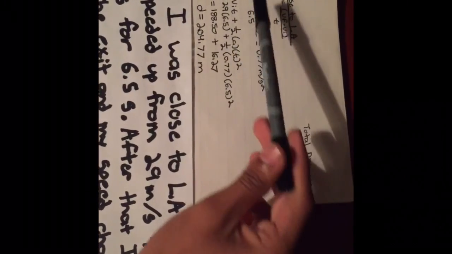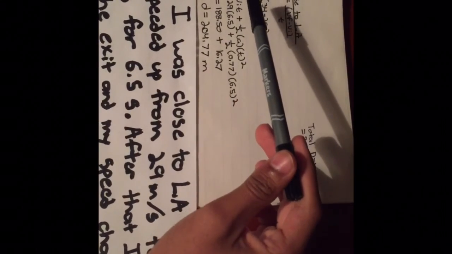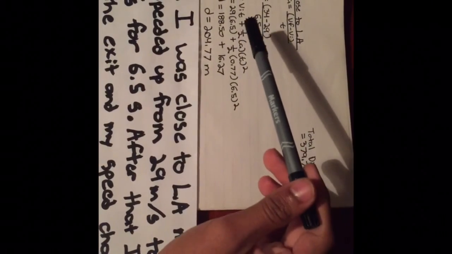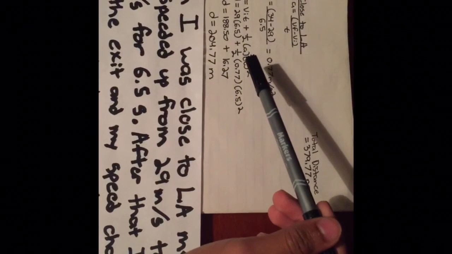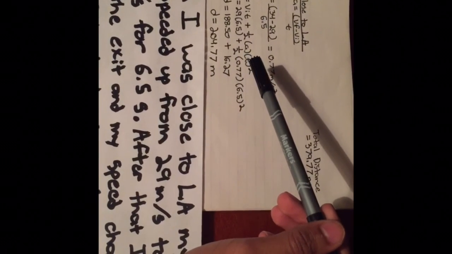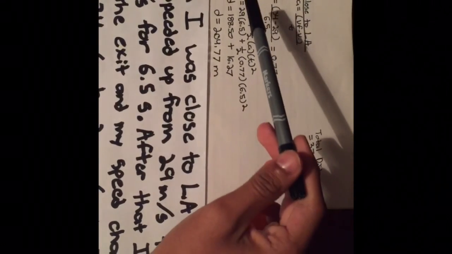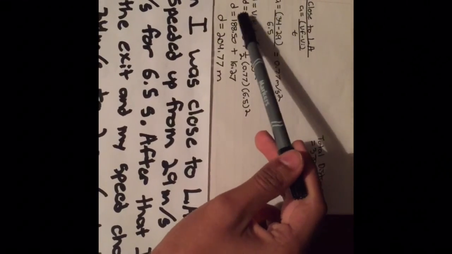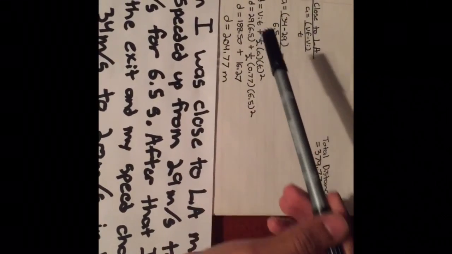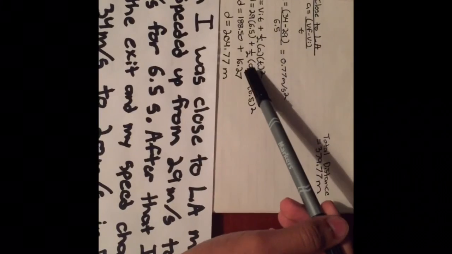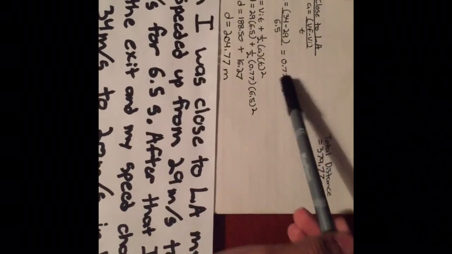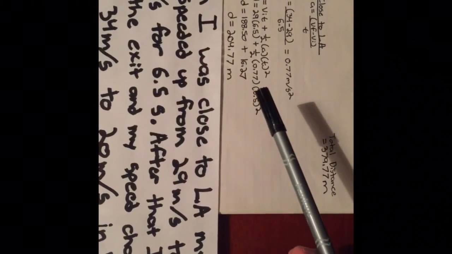Now to find distance, this is the equation: d equals initial velocity times time plus 1/2 times acceleration times time to the second power. And then initial velocity is 29 again, time is 6.5, acceleration 0.77 since we found it right here, time is 6.5 again, but this time to the second power.